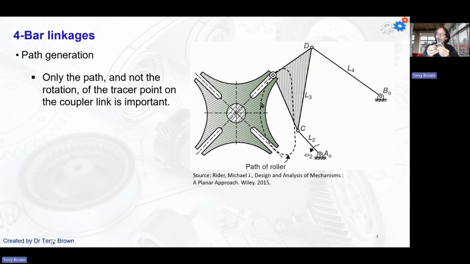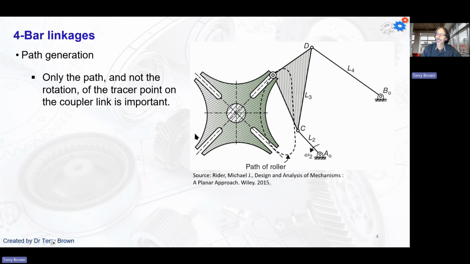Some examples of how that might be applied is in indexing here. So we're generating a rotating indexing component. As this rotates around, this would move. So if we have something like that, and this coupler link moves, then there's a point on there that we want to follow a certain path.